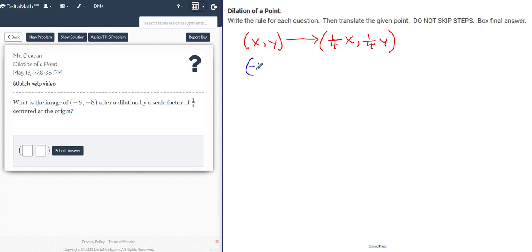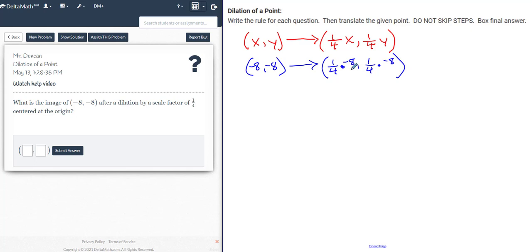Now I have been given negative 8 comma negative 8, which is nice, and to be honest with you, Mr. Delta Math's nice because you can actually go ahead and divide negative 8 by 4, and that's going to make it a little bit easier. But just to make sure we have it, I'm going to go 1/4 multiplied by negative 8, and then 1/4 multiplied by negative 8.